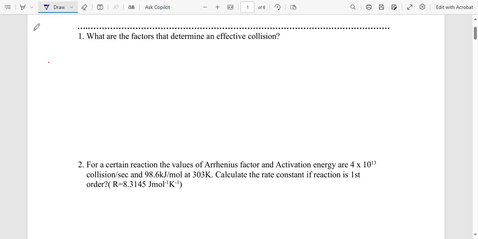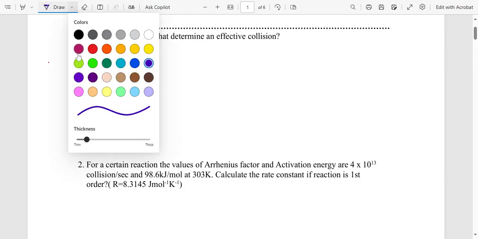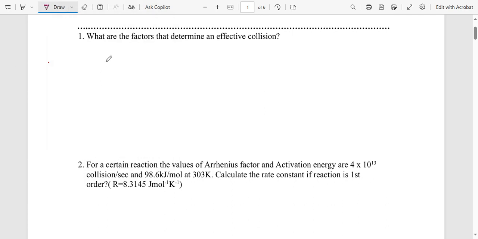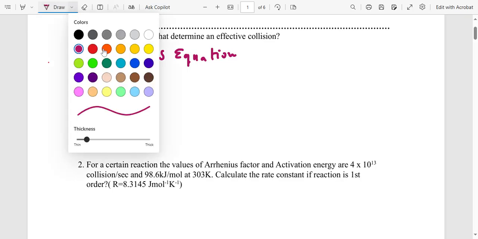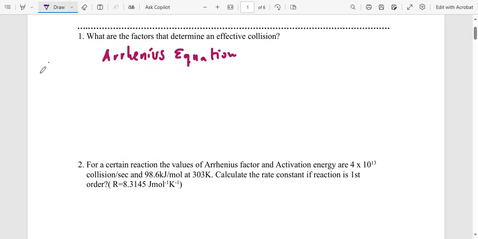It's not the only factor. So we can write all these using what we call the Arrhenius equation. The Arrhenius equation tells us the factors that are going to be very important for a reaction to happen.